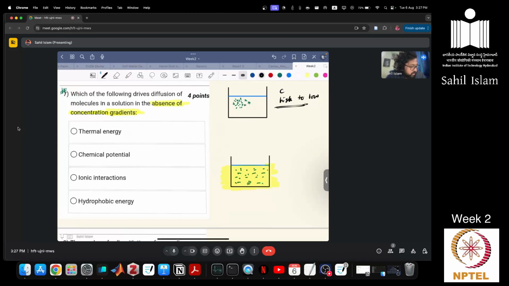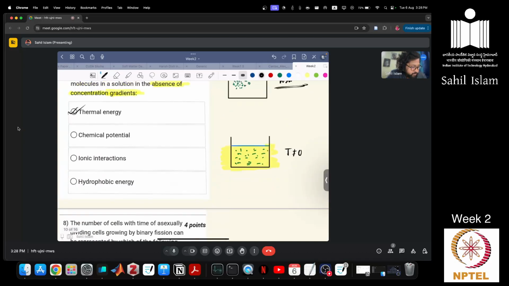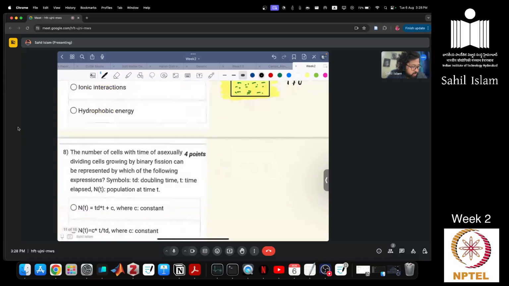If the temperature of this system is not equal to 0, they always have kinetic energy and can move. So that can drive the diffusion. If you have absolute 0 temperature, there is no diffusion happening. So thermal energy is the only answer.